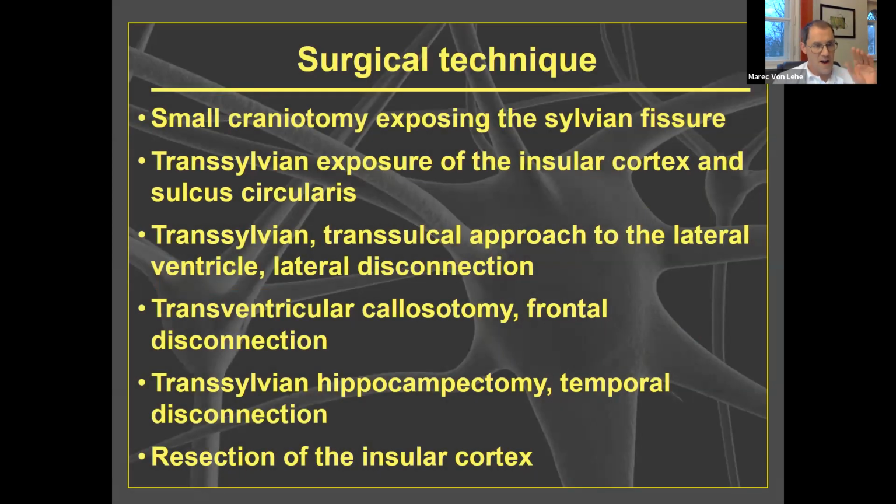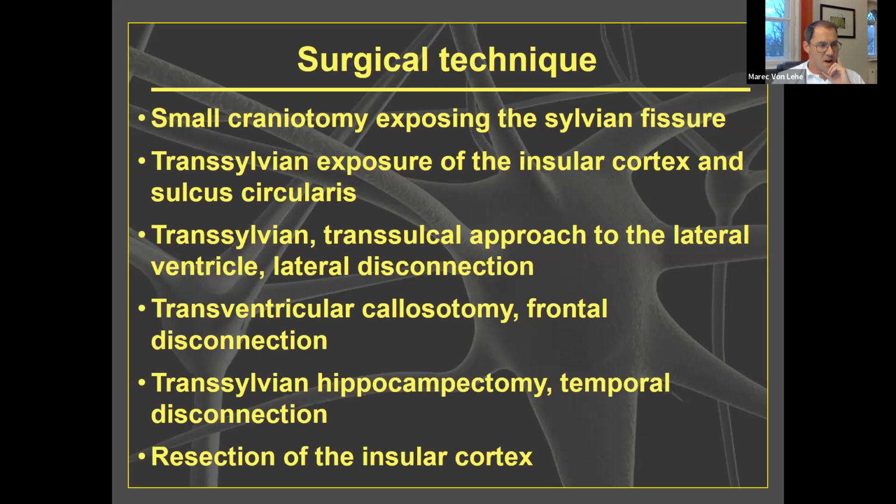Just one slide with the different steps in short, and we will go through these steps a bit more in detail later. So we have a small craniotomy for the exposure of the Sylvian fissure. With the transsylvian approach, we have an exposure of the whole insular cortex and the circular sulcus.